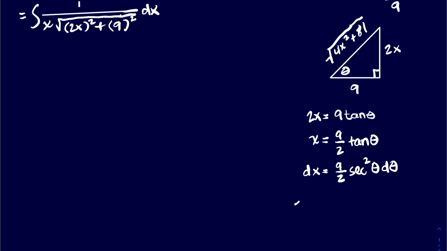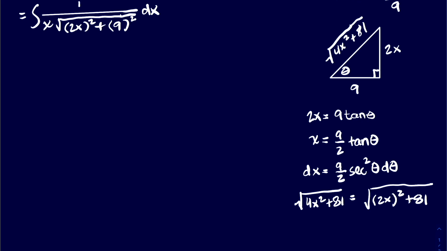For sure I'll need this one here. What's the square root of 4x squared plus 81? Well, that's equal to the square root of 2x squared plus 81.